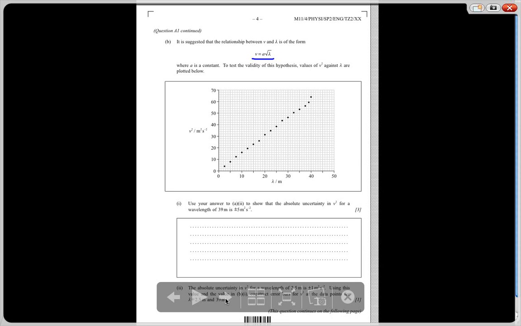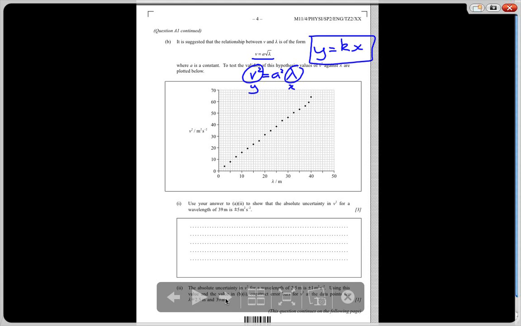So in looking at this, if we have v squared, that would equal a squared lambda. If I plot v squared, we could call that y, and your lambda, that is x. That indeed would be in the form y is equal to some constant kx, or a proportional graph.